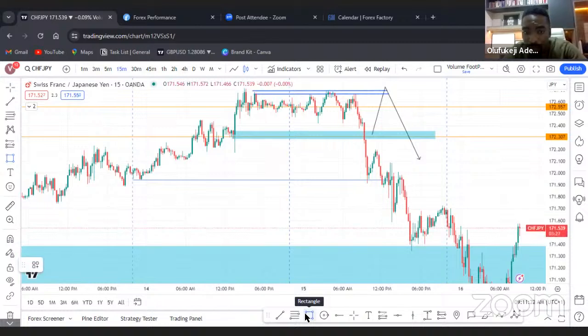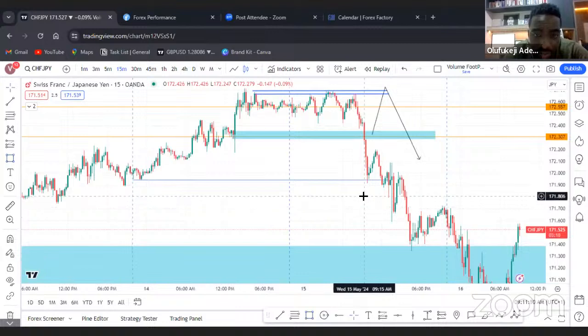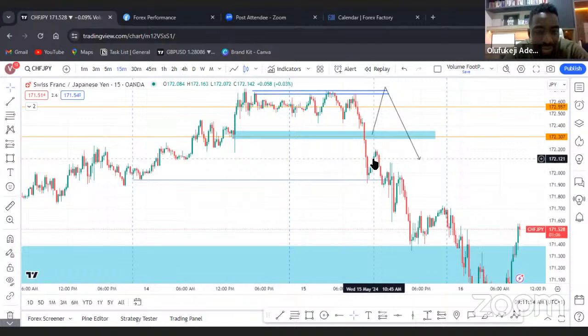That's the sweep, that's a return, and then from there one can take it. The pullback into the fair value gap at 172.30. We saw it at 172. Gap there, that's a flip zone.